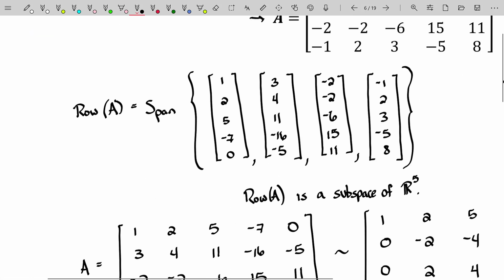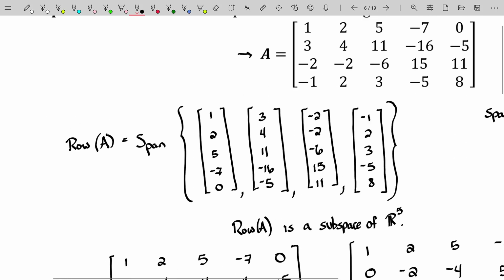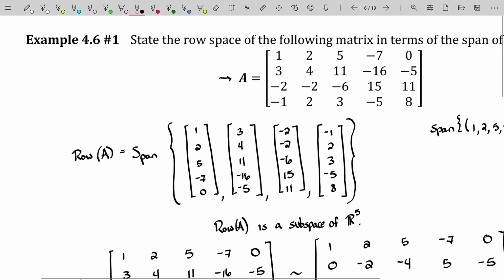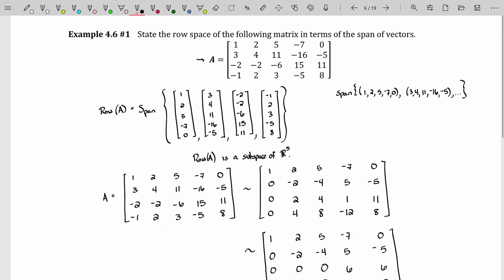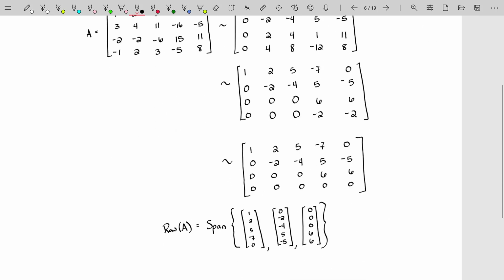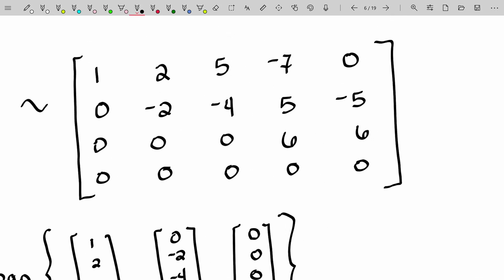So again, the row space of this matrix A right here, according to Theorem 13, will be the same as the row space of an echelon form of that matrix, which is this form right here.